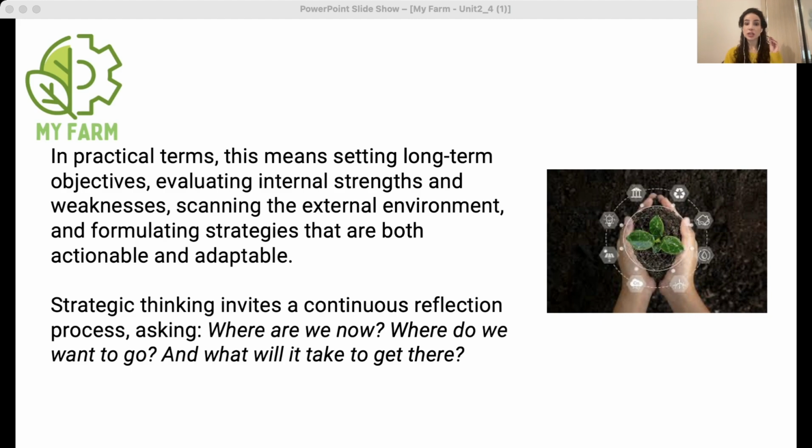From there, strategies are developed that are not only actionable but flexible enough to adapt as conditions change. Strategic thinking is also an ongoing reflection process, regularly asking where the business stands today, where it aims to go in the future, and what steps are needed to bridge that gap.